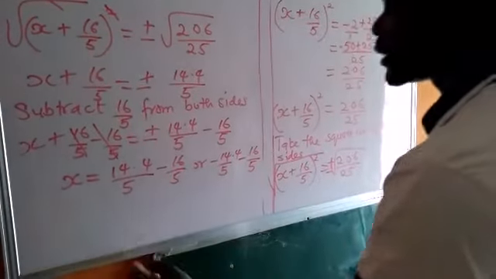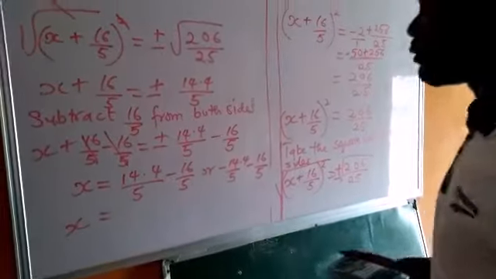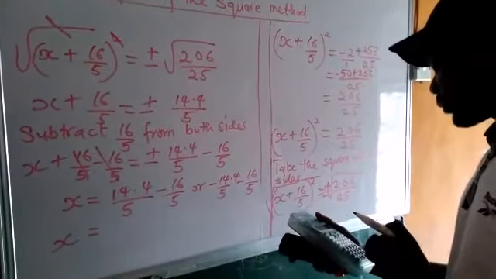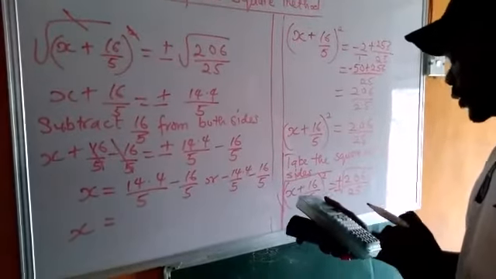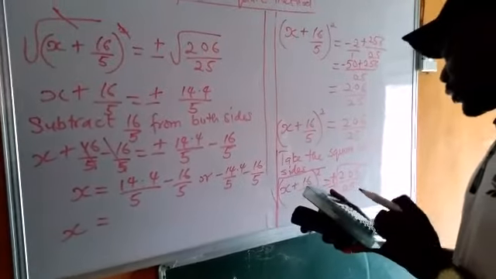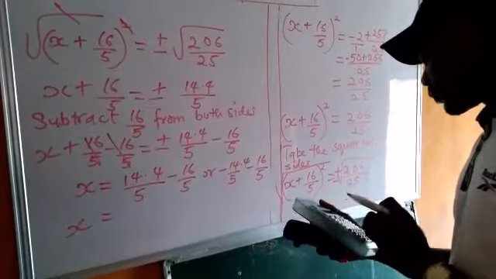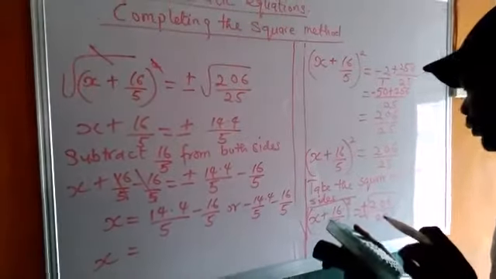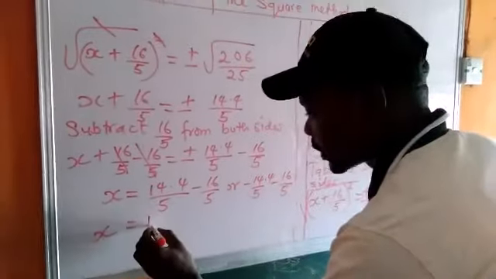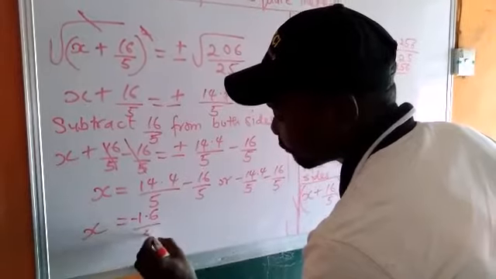So from this side, what would the value of x be? 14.4 minus 16 will give us minus 1.6 all over 5.